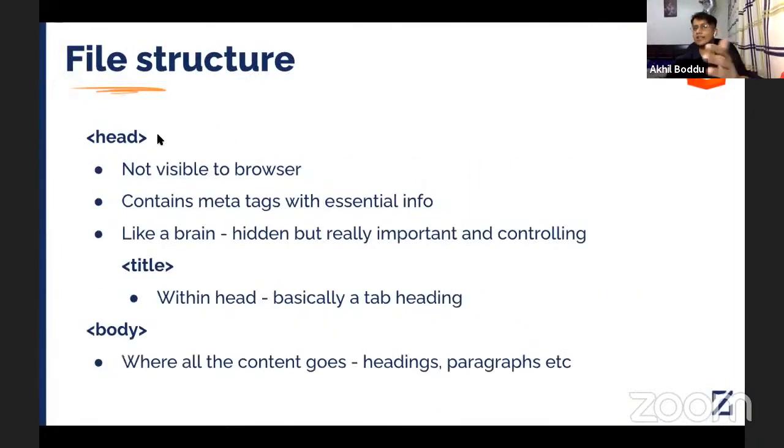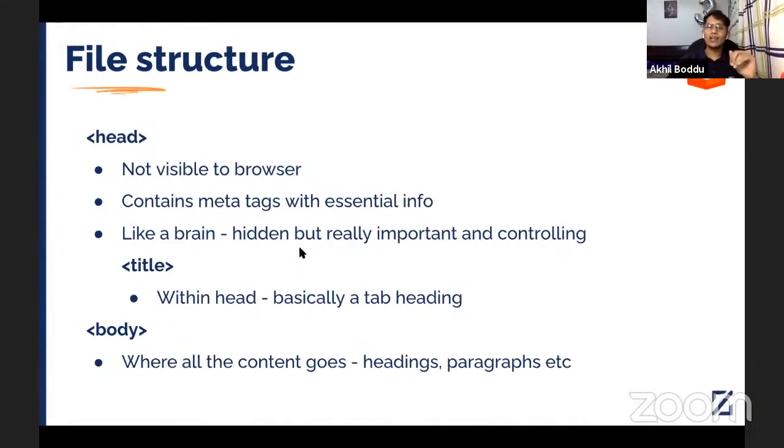Now head is where it gets a little interesting, right? Normally whatever is in the head is not really visible in the browser, as opposed to the body. So it's essentially like the brain, right? It contains something called meta tags with essential information. If we ever want to use fonts, for example, or we want to import any modules, like if we want to use Firebase in our project, we would add that information inside the head, right?